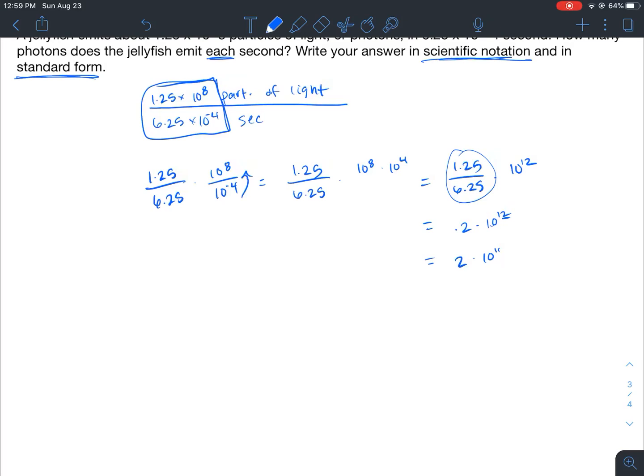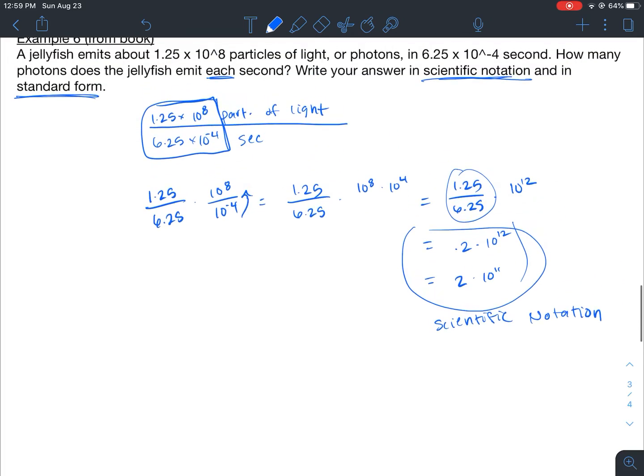So hopefully that makes sense. But for me, if it's ever on something that I write, I'm fine with either way. But basically right here, this is your scientific notation.